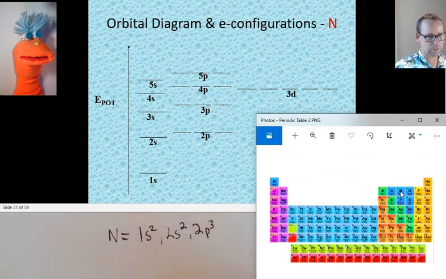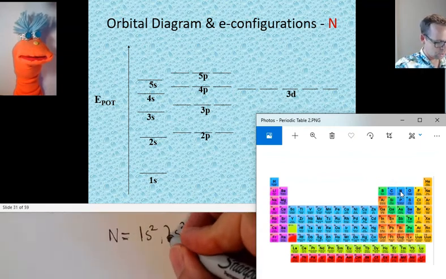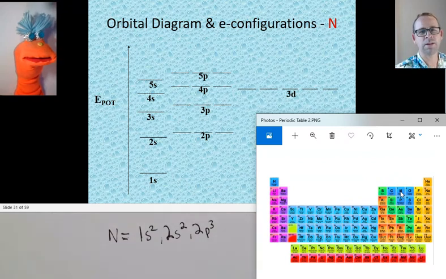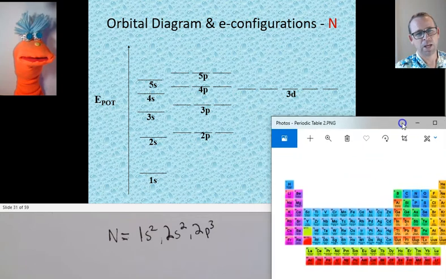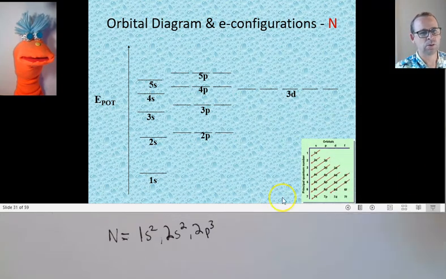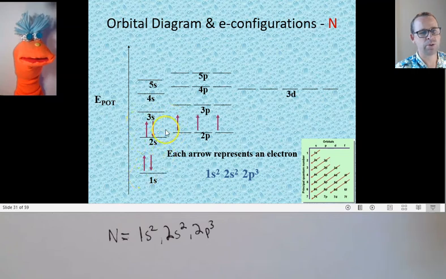So this then, 1s2, 2s2, 2p3, corresponds to what we call our electron configuration for nitrogen, all the electron locations for nitrogen. And after we get that, we fill in our orbital diagram like this. 1s, 2 electrons, 2s, 2 electrons, and 2p, 3 electrons.